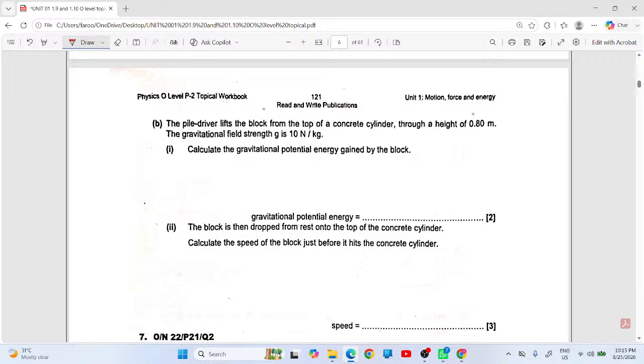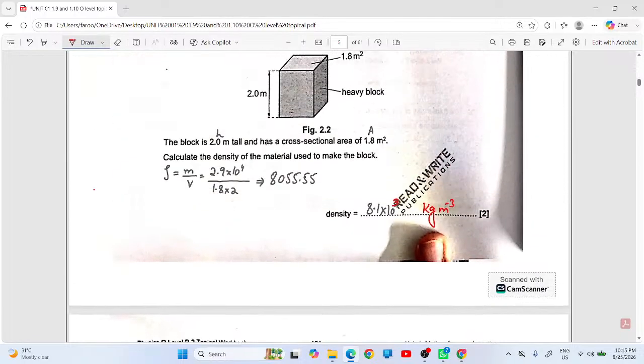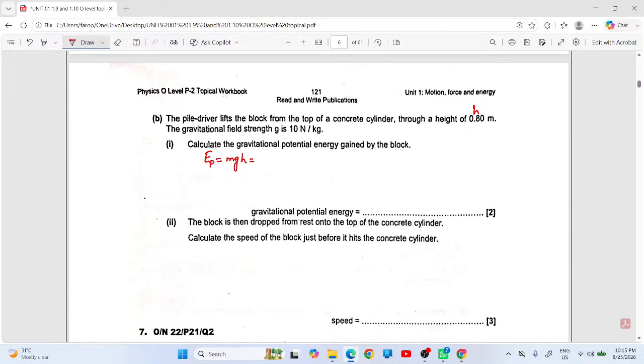Next, the pile driver lifts the block from the top of the concrete cylinder to a given height, 0.8. The gravitational field strength is given. Calculate the gravitational potential energy gained by the block. So energy gained is mgh. Mass was given above: 2.9 times 10 to the power 4, multiplied by 10, multiplied by 0.8.